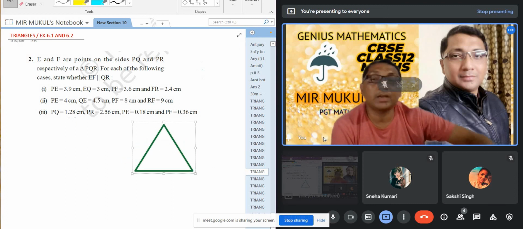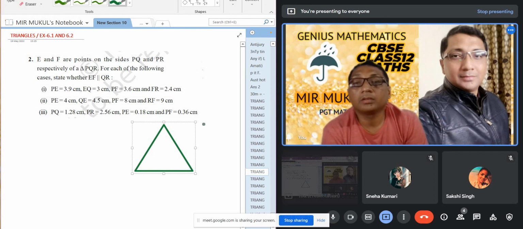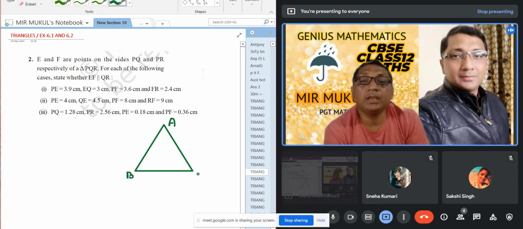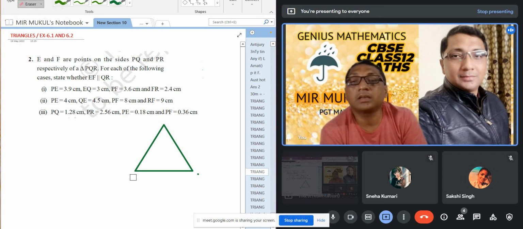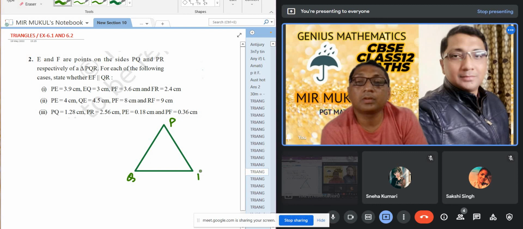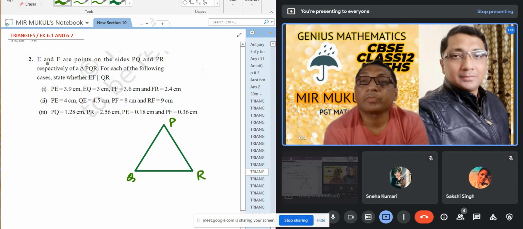I'm showing the first part. We take triangle PQR, with P, Q, R. E and F are points on sides PQ and PR, so here is E and here is F.